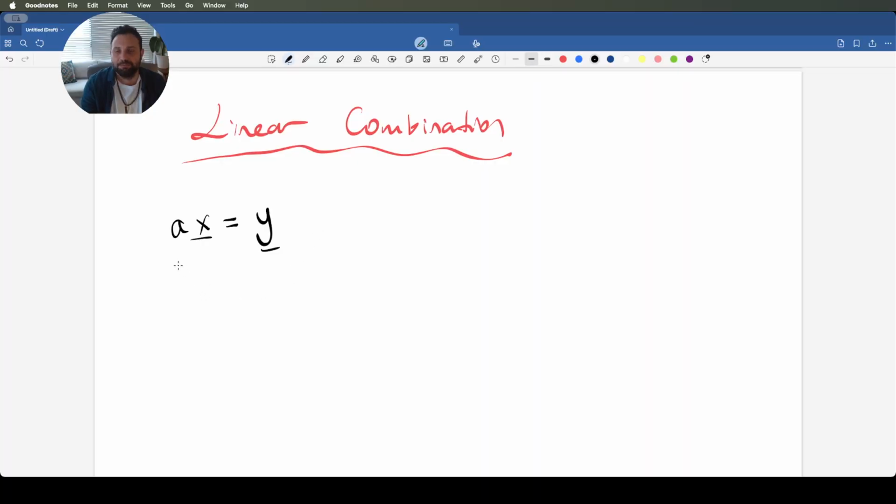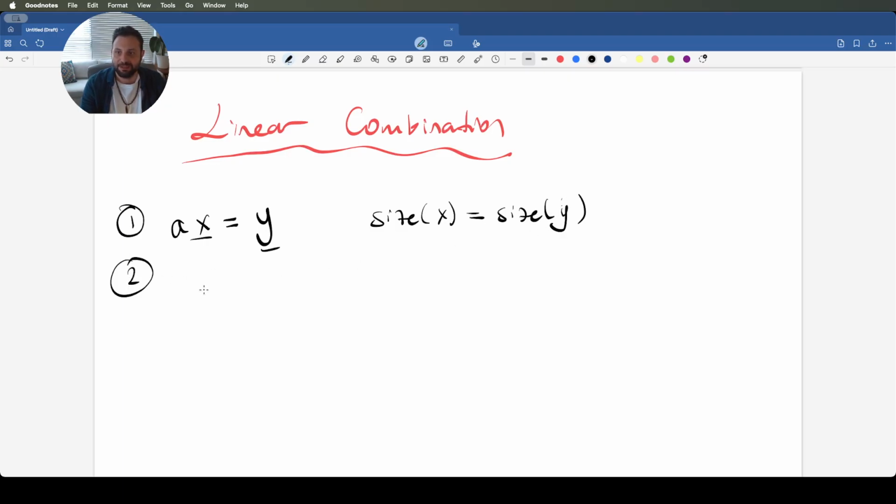So the size of x is guaranteed to be the size of y.